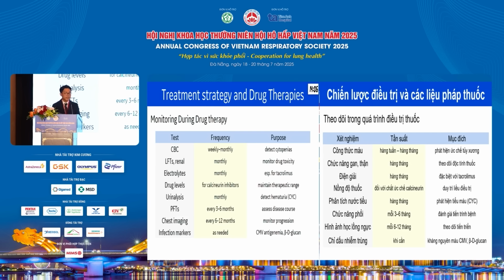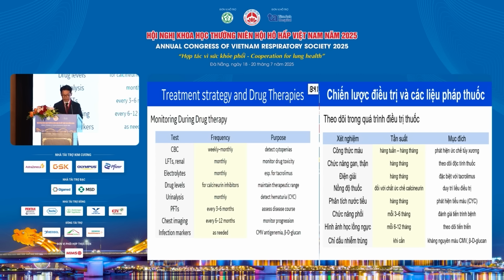This is a list of monitoring points for patients receiving immunosuppressive drugs. Blood cells are monitored weekly in the initial stage of administration, and if stabilized, then every 2 or 3 months.